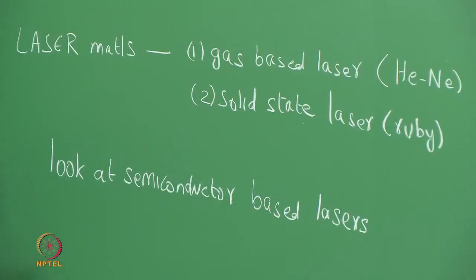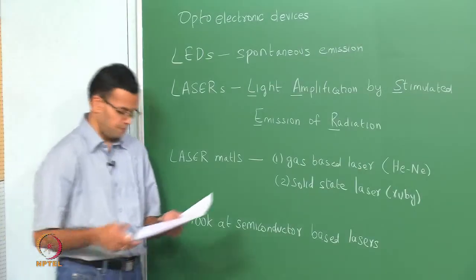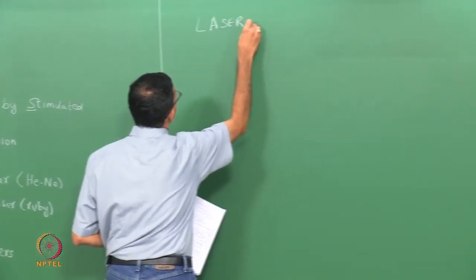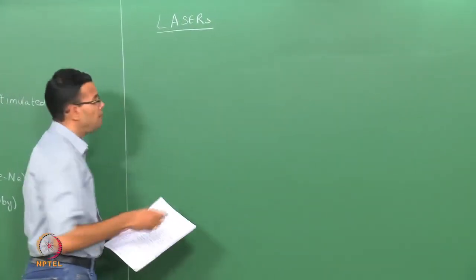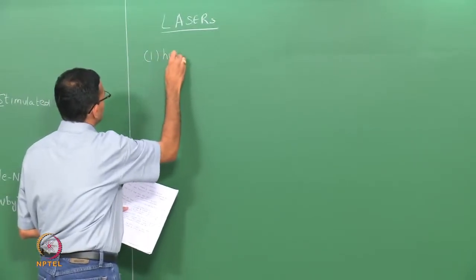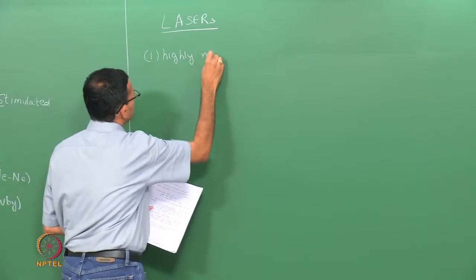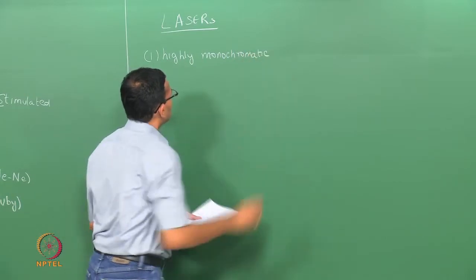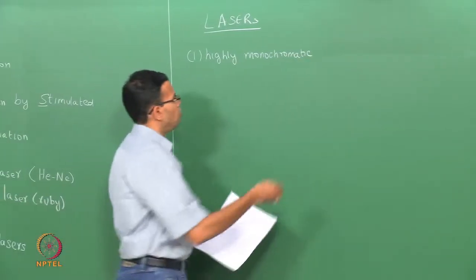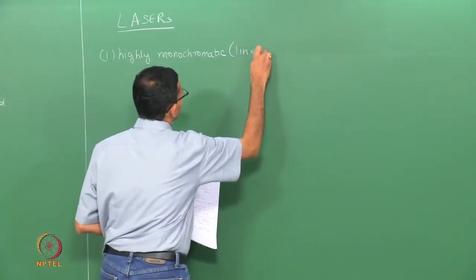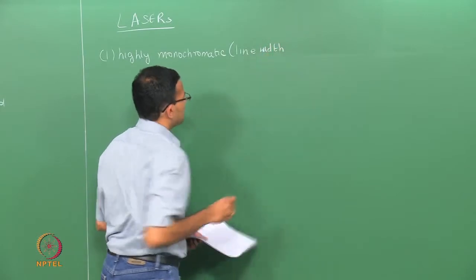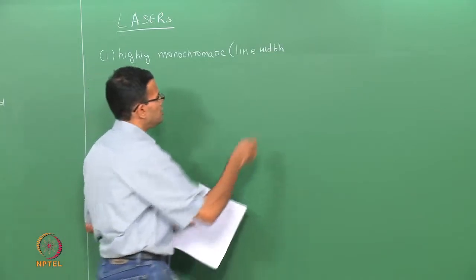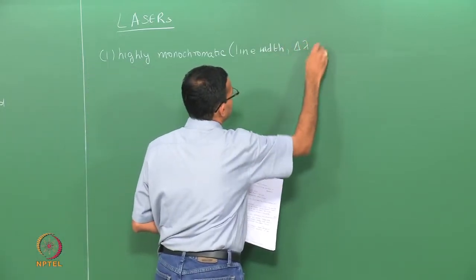So, what are some of the important properties of lasers that you must keep in mind? Lasers are highly monochromatic, which means the line width is really small. Last class we saw that the line width is nothing but the spread in the wavelength of the output radiation, that is delta lambda, and this line width is very small.